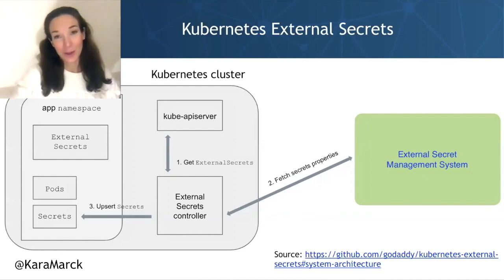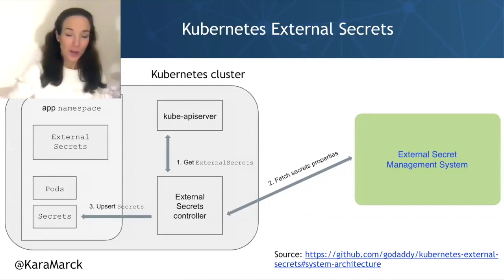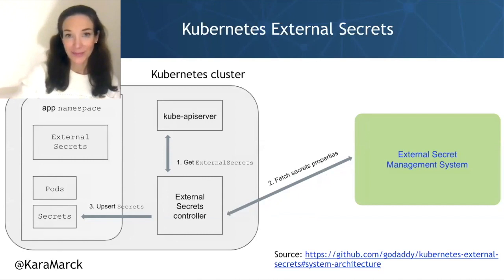So luckily, there's Kubernetes external secrets, which has been open sourced by GoDaddy. And Jenkins X highly recommends using Kubernetes external secrets for secret management with GitOps and Kubernetes. So what Kubernetes external secrets does is it enables the secure retrieval of secrets stored in your external secret management systems and the ability to securely add secrets to your Kubernetes cluster.